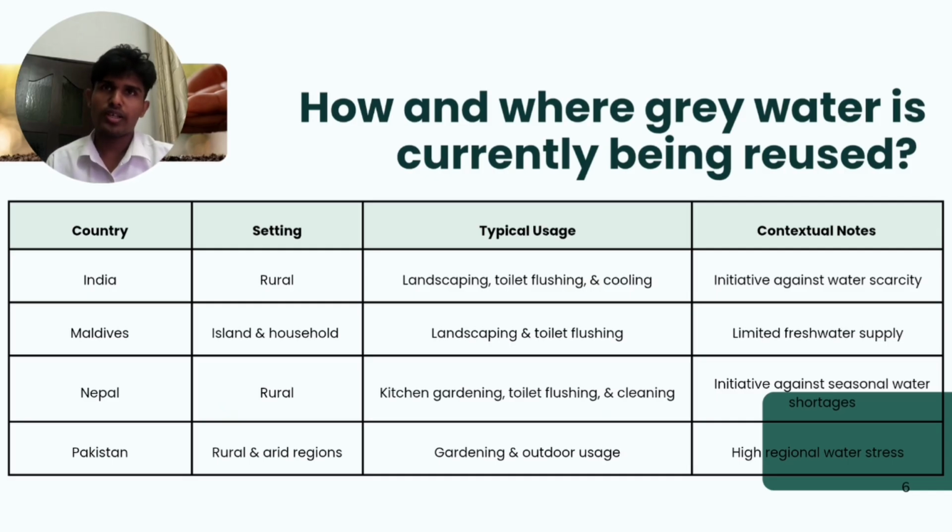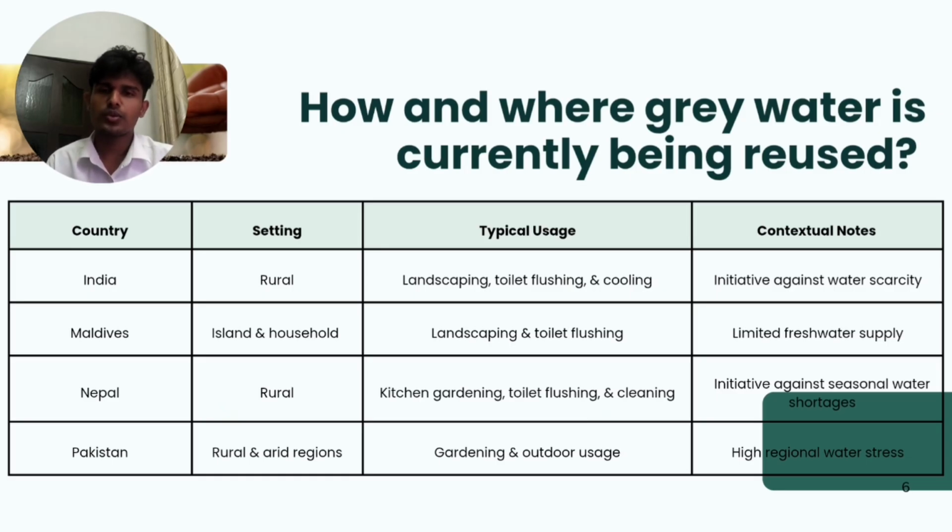As we all know, India faces so many climatic challenges. So recycling grey water is a huge advantage, a valuable concept for them. And when we come to a country like Maldives, they have very limited supplies of natural water, so they use this grey water for landscaping and so many other activities.